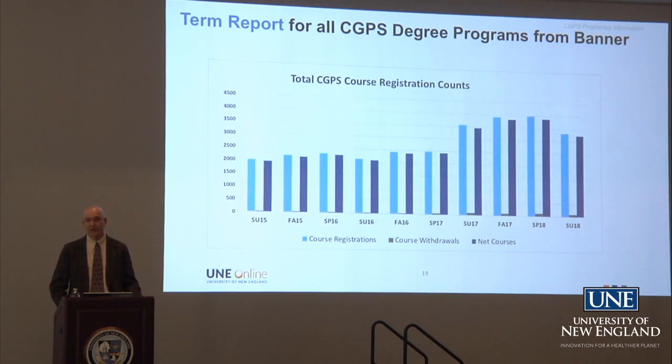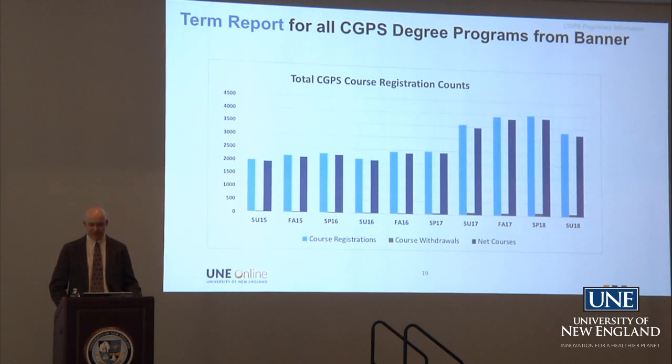This is an aggregation of all the CGPS programs, the degree programs, and this shows growth since summer of 15, pretty much through spring of 18. And then our summer term just recently is there as well.